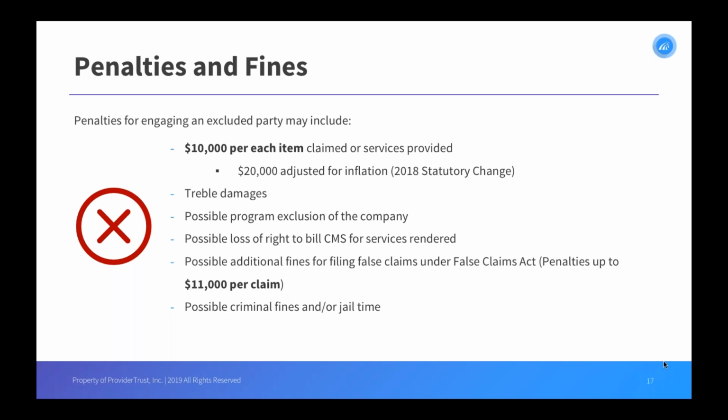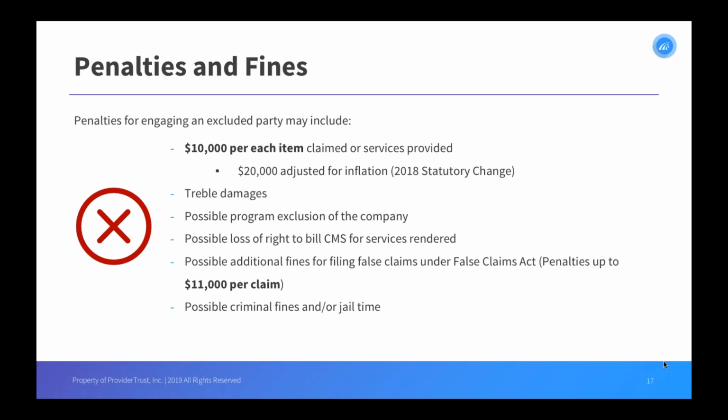And that is statutorily going up on an annual basis based on cost of living. So it's really closer to $20,000 per item that you claim. And the key word there is claim. You don't actually have to be reimbursed, and they can deny based on the fact that CMS knows that person's excluded. Just the submission of the claim is all it takes to be held liable for fines and penalties.